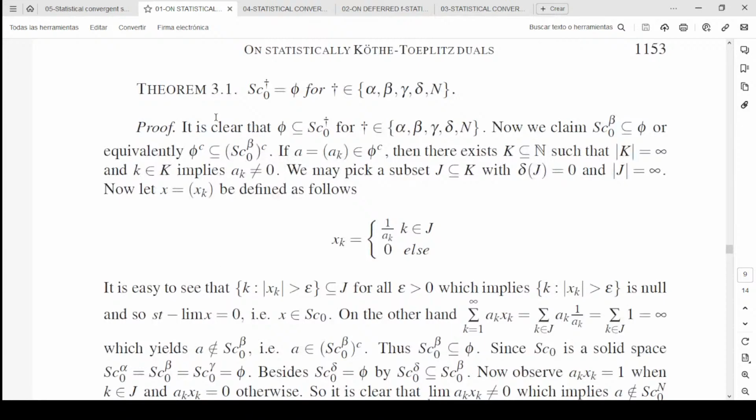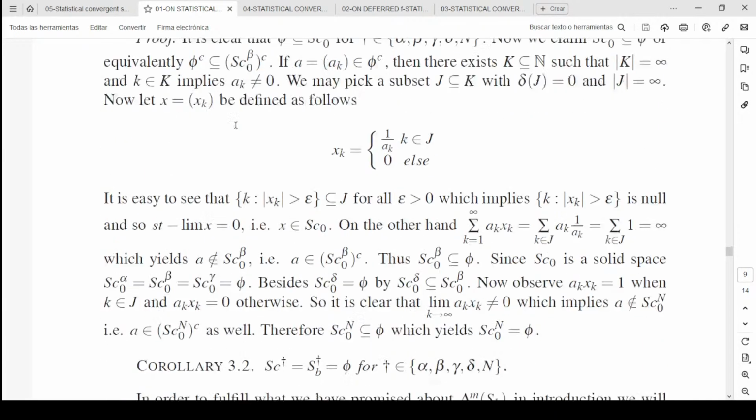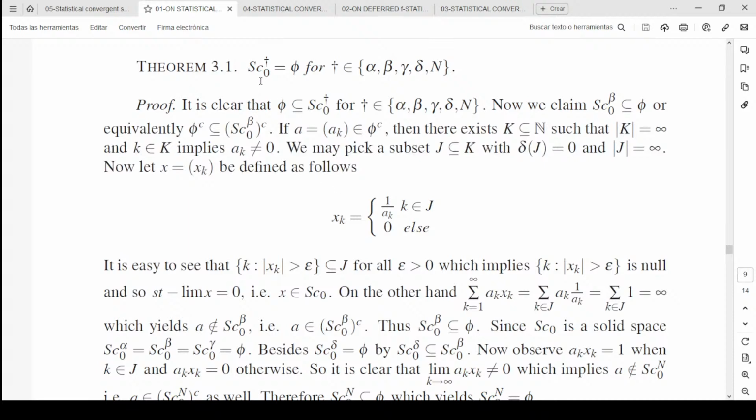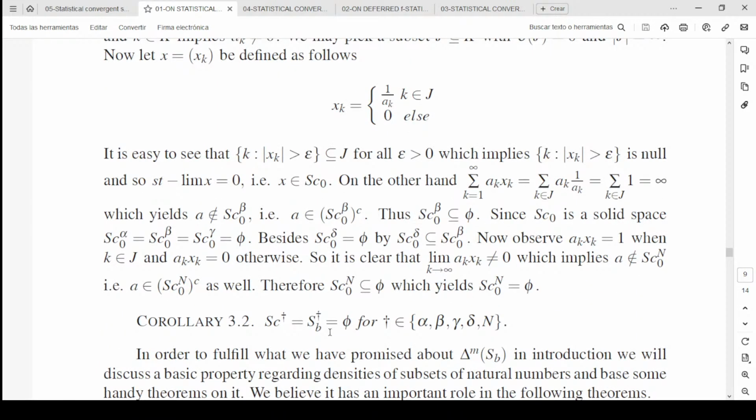Thanks to this theorem 3.1, we have a corollary saying that all statistically convergent sequences and the space of all statistically bounded sequences have the same duals, in the alpha, beta, gamma, delta, and n sense, as statistically null sequences, which is phi, the space of all sequences with finitely many non-zero terms.